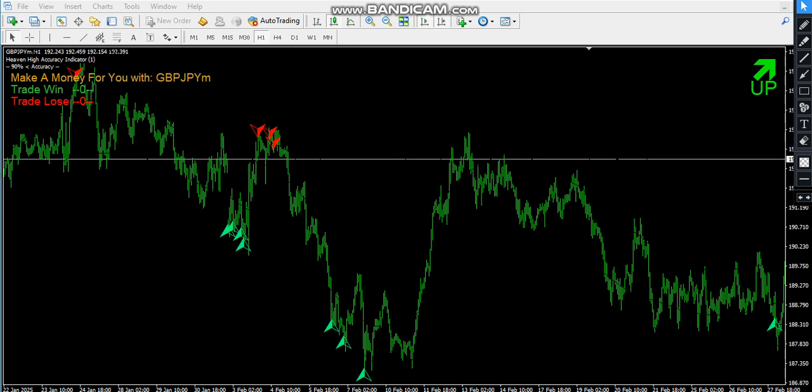For a sell, it provides the red arrow, and for a buy, you would have the green arrow appear. So you can take this indicator. It's no DLL, no fix. It's completely done for you and it is accurate.